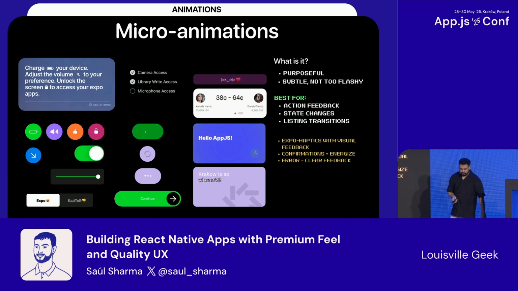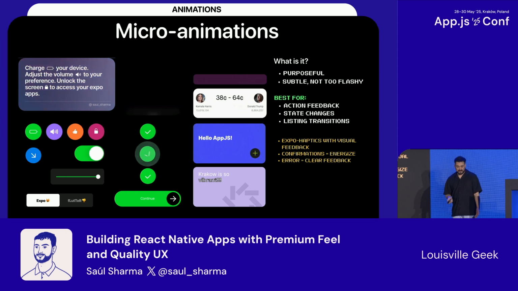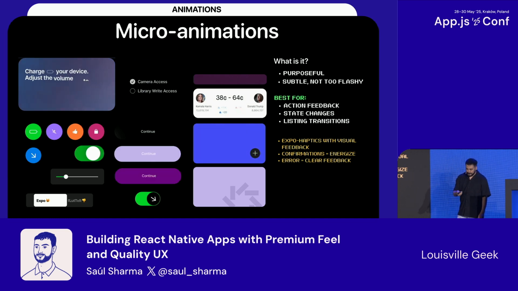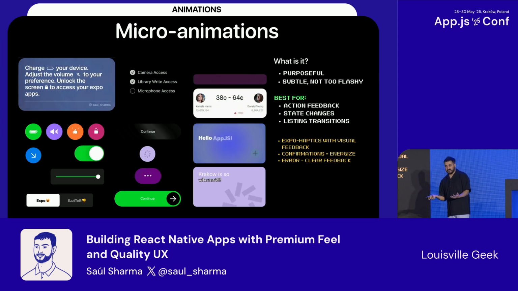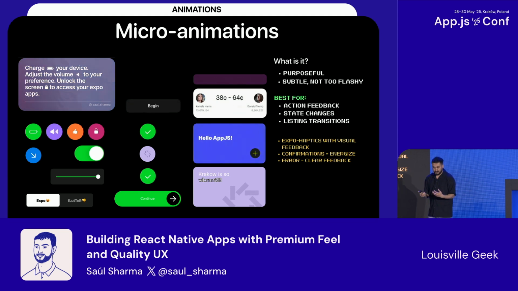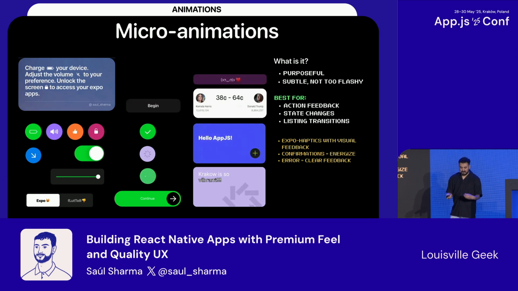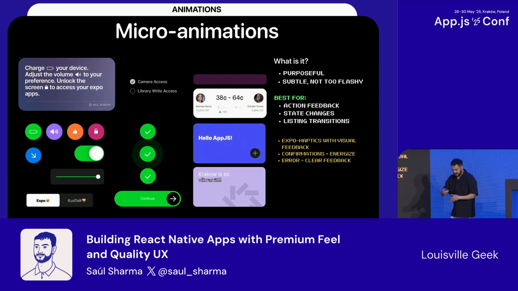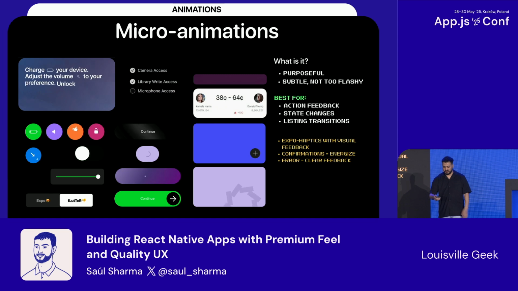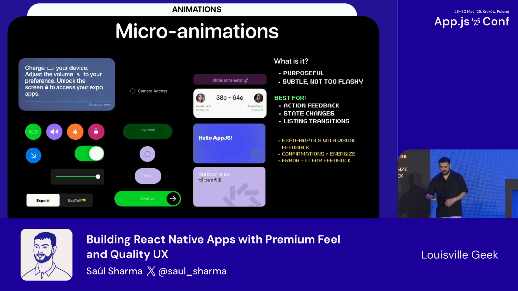And as I said, it works great with haptics if done well. For confirmation, this will bring that energy, and users will feel that they succeeded at something. And obviously for errors, make sure you give them some feedback. It's a two-way communication, and hopefully not one way.